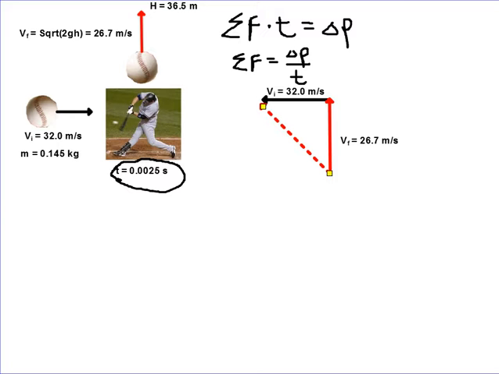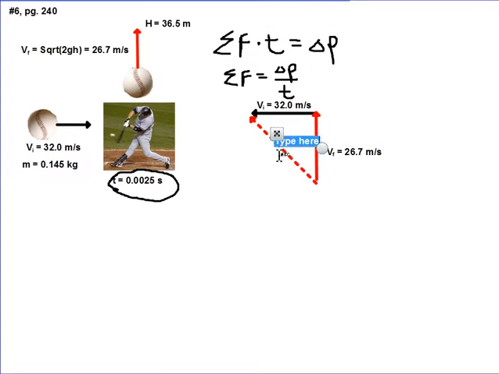So what we want to do now is determine what that size is. We have a right angle here, since the initial velocity is toward the right and the final velocity is straight up, so we can solve for this using trigonometry.